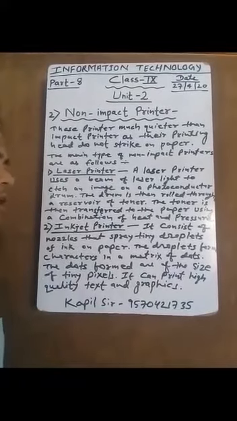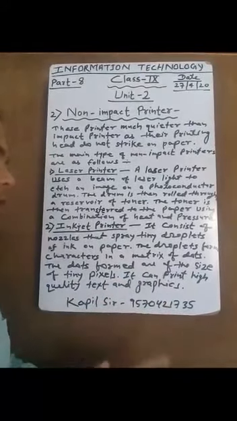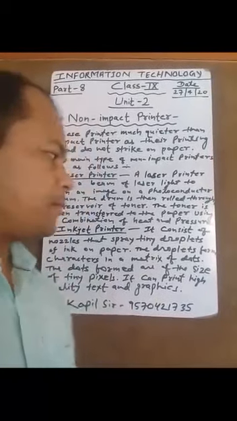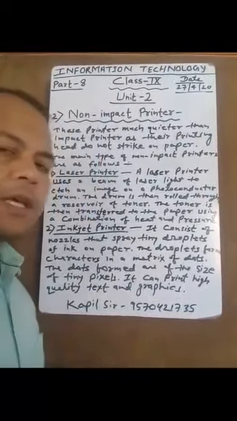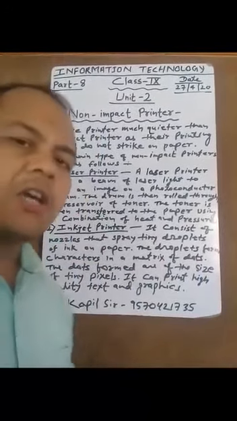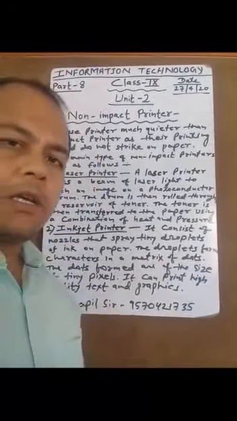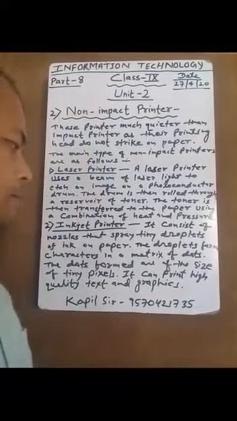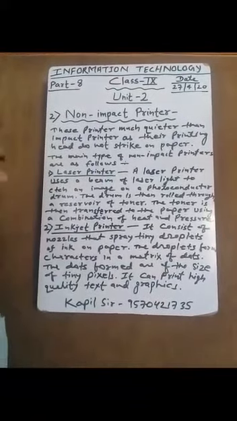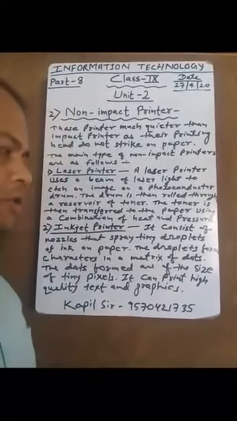In an inkjet printer, the nozzles spray tiny droplets of ink on paper. The droplets form characters in a matrix of dots.